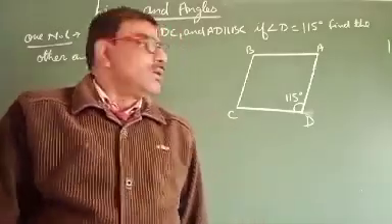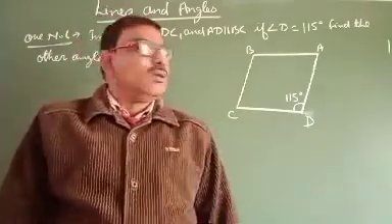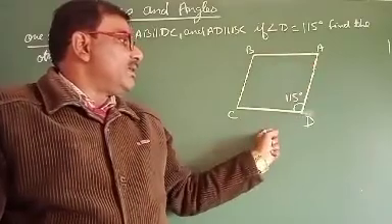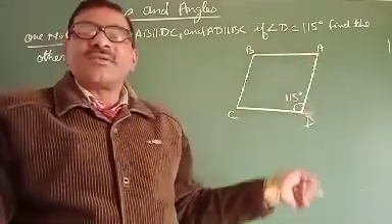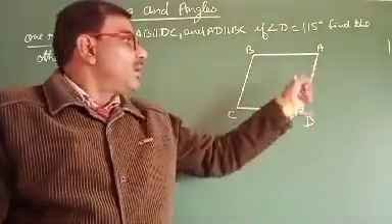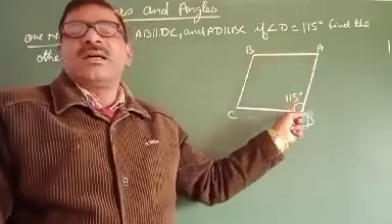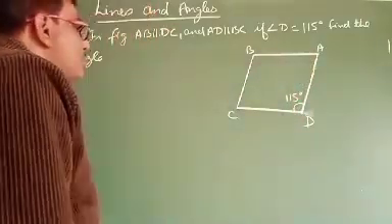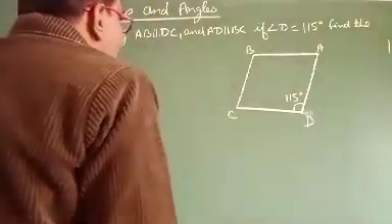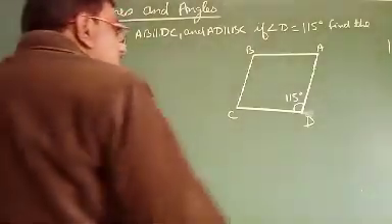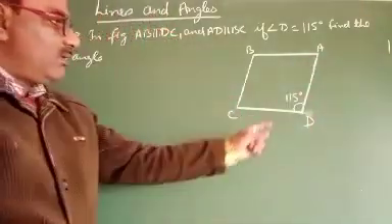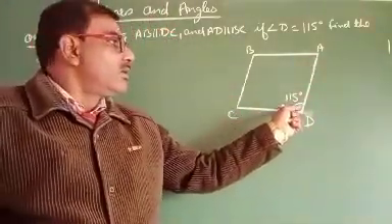So, first of all, we see that AB is parallel to DC and AD is the transversal. Therefore, this angle and this angle are interior angles. It is already given that this angle is 150 degrees.